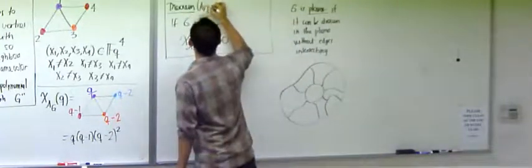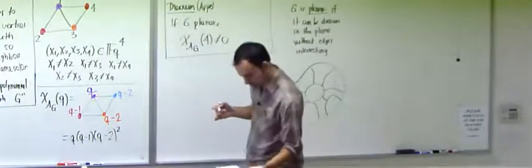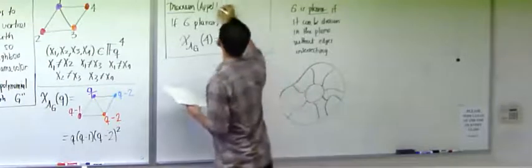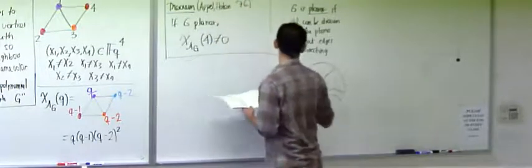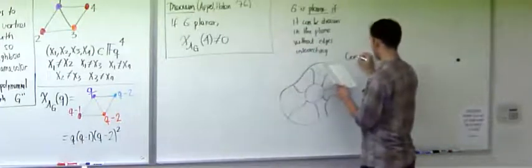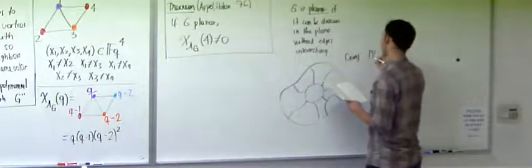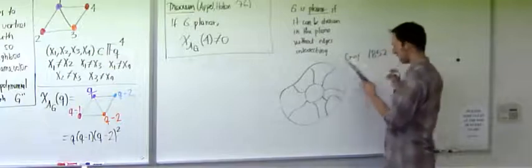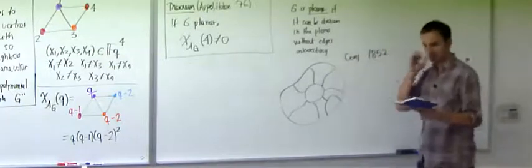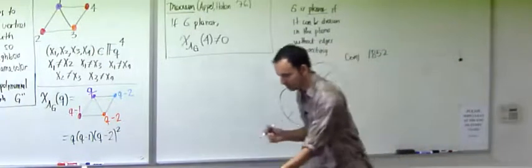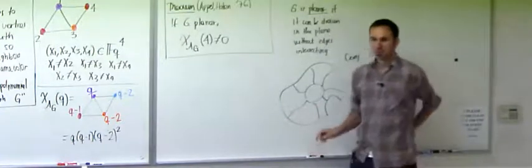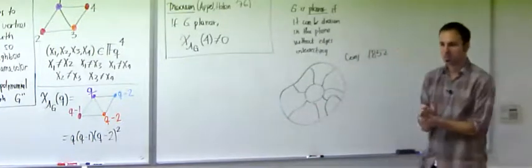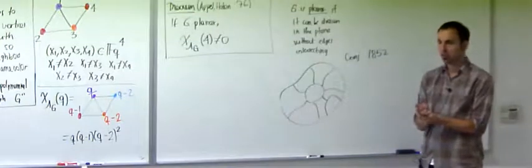It was proved by Appel and Haken in '76, but actually it was conjectured in 1852 by Guthrie, this British South African mathematician. And he was just coloring the map of England, and he realized that he was able to color it with only 4 colors.